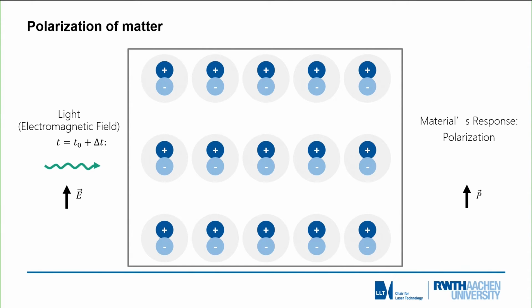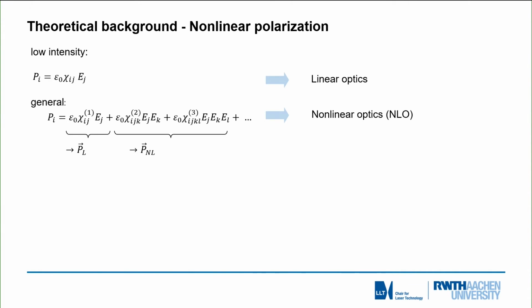Now usually these effects are considered to be linear, so the displacement with relation to the force is usually considered a linear relation, so we have a linear combination of the electric field and the polarization.